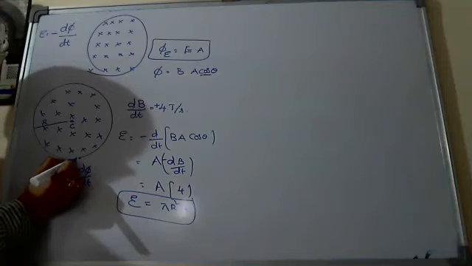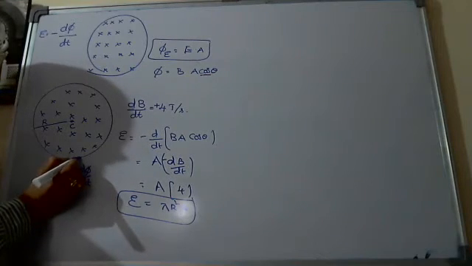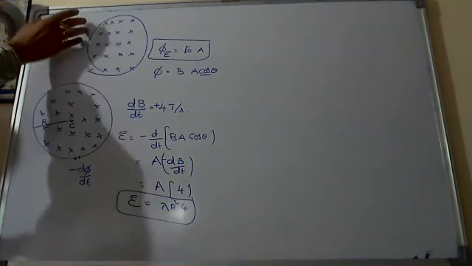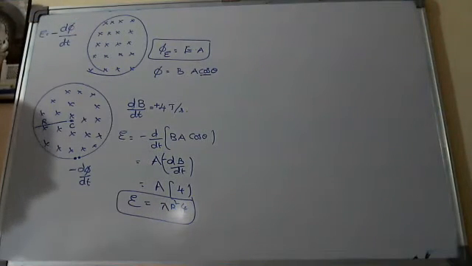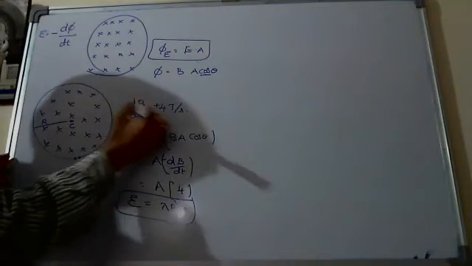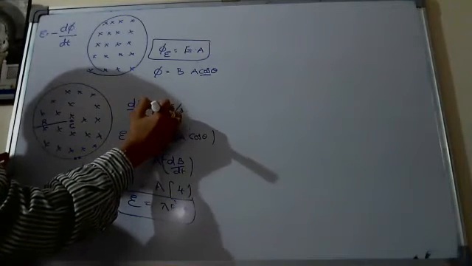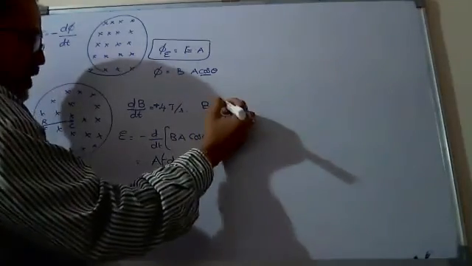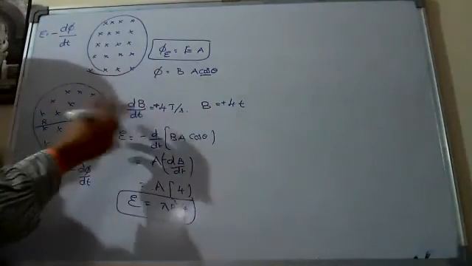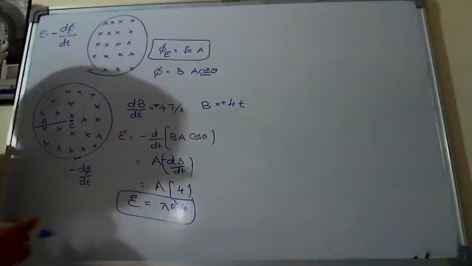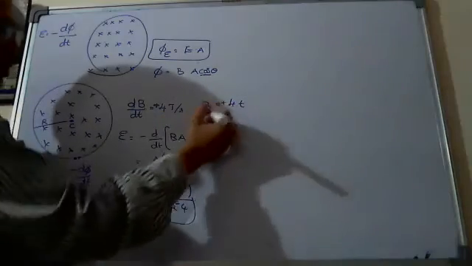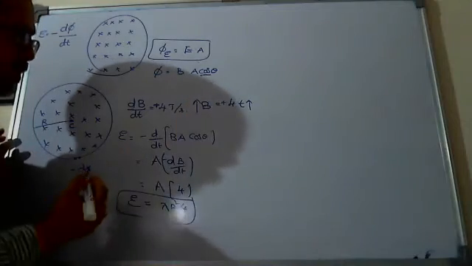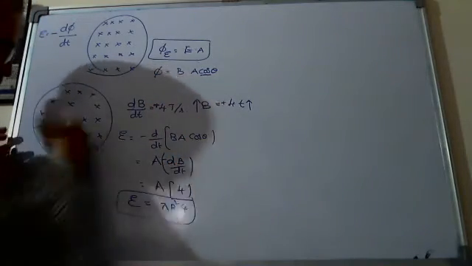Now, how to say which terminal is at higher potential and which is at lower potential? For that we use the formula I said previously. Look at the magnetic field he gave here: plus 4 dB by dt. Then only you can write dB by dt equals 4. So B is increasing with time, and area is not changing.